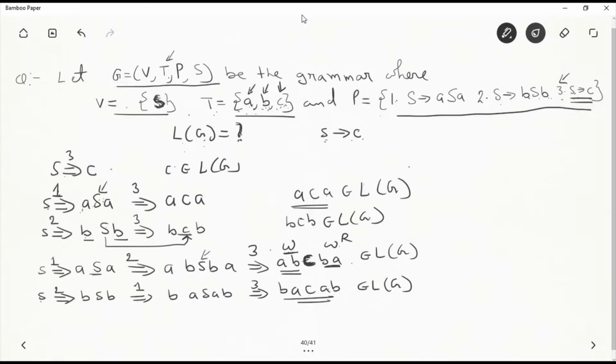So we can generalize, if you remember, W is equal to A1, A2 till AN, and WR is represented by AN, AN minus 1, till A2, A1.